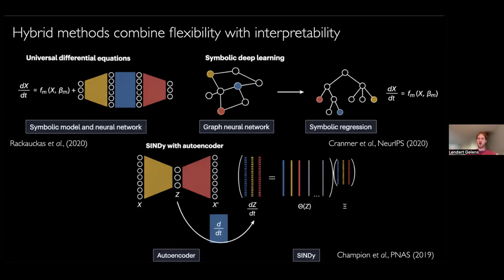So if you use an autoencoder that first compresses the data into a low dimensional latent space, and then you use SINDy to identify interpretable equations in that reduced space, you get the best of both worlds. So dimensionality reduction and symbolic discovery. And so all three approaches here share the same ambition, interpretable equations from data without sacrificing flexibility. And so we also try to develop a method like that, and it takes a different approach.